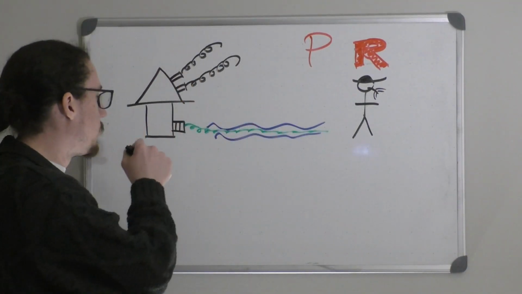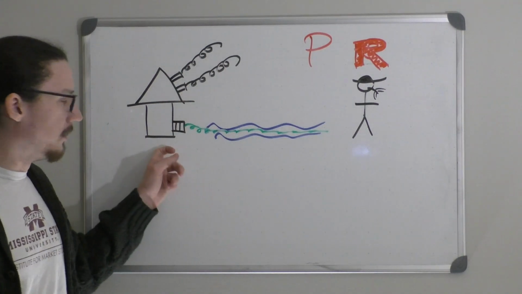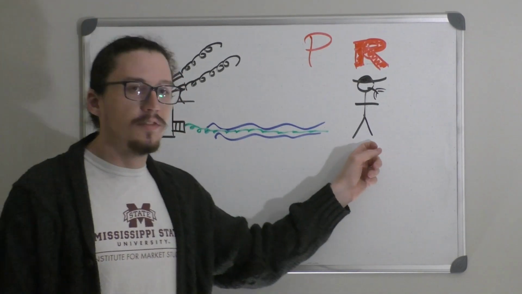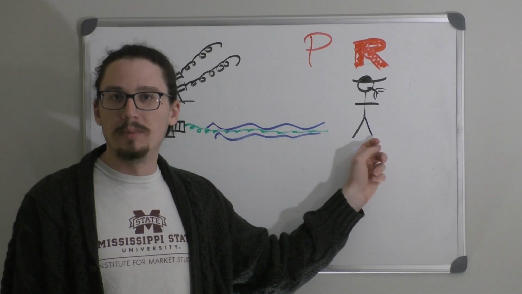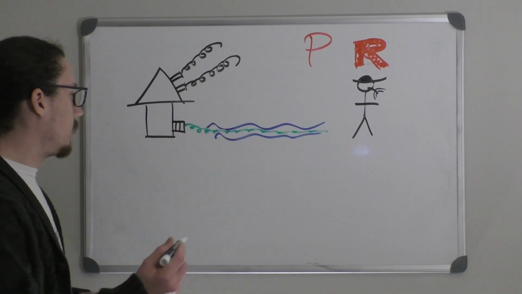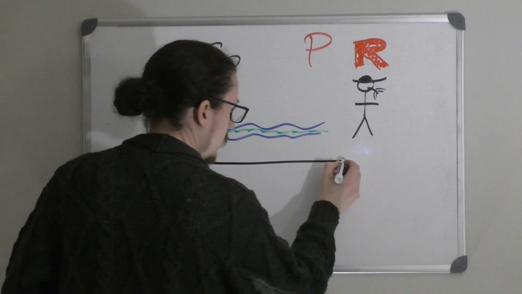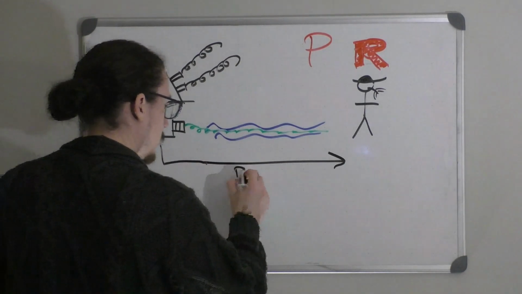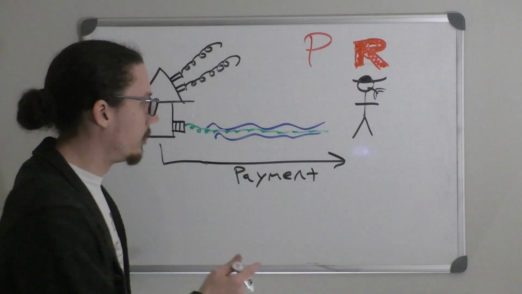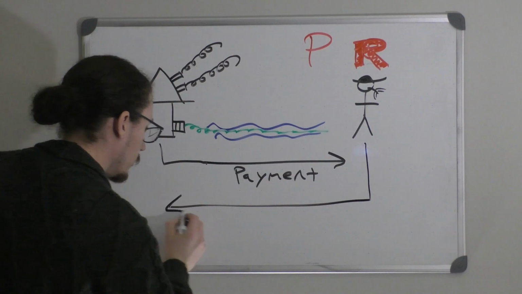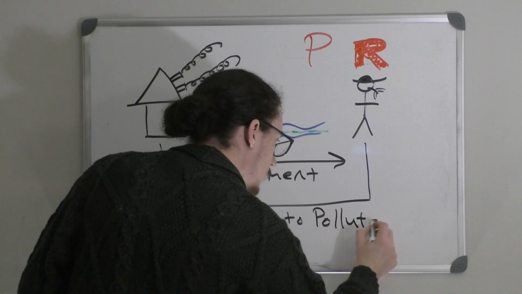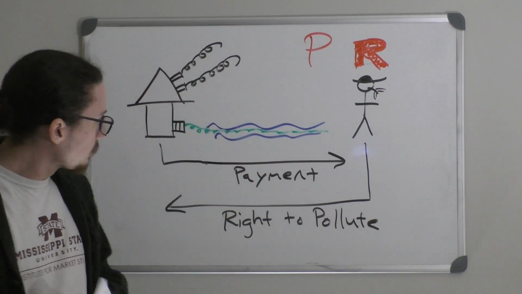For whatever reason, if it's very costly for the firm not to pollute, and if the cost of one unit of pollution is low for the farmer, then the firm may pay the farmer for the right to pollute the river.